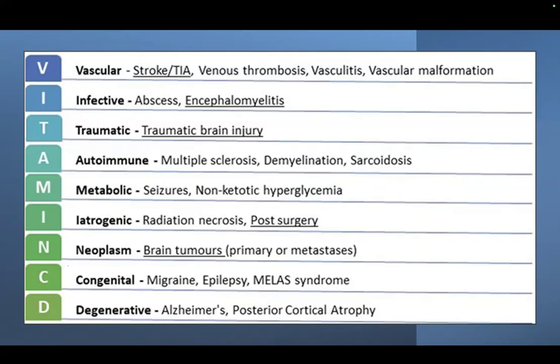Neoplasm, again, something you always need to have in mind, particularly if something's unilateral. So if you've got symblepharon, shortening of the fornix in one eye, not both eyes, then you start to think, could this be not inflammatory but neoplastic?